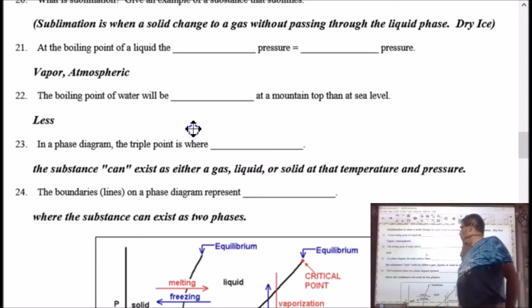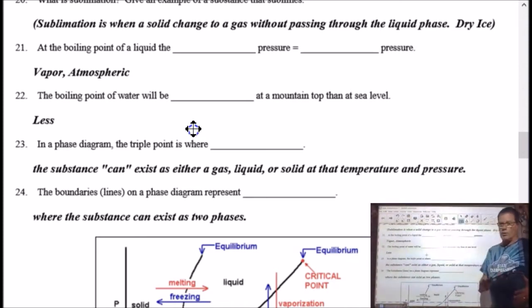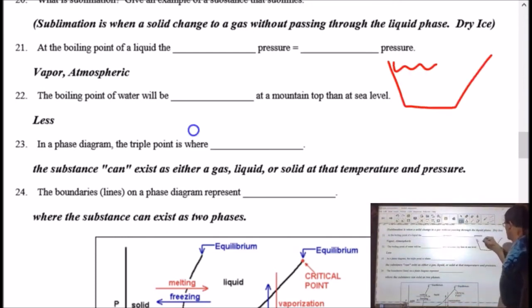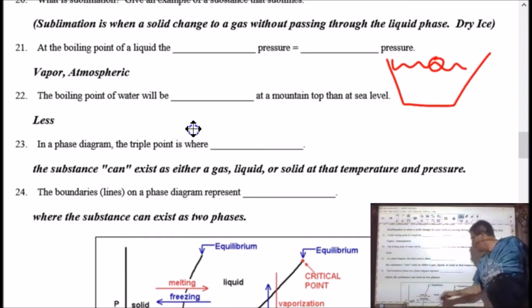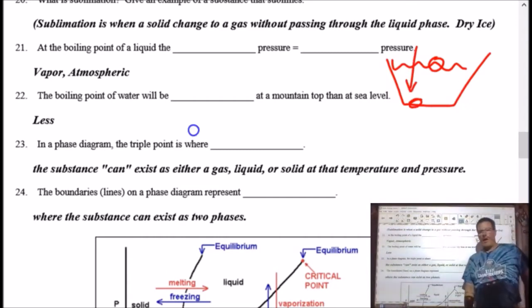22: the boiling point of water will be less at higher altitudes than at lower altitudes. Think of it like a swimming pool. The pressure at the top of the pool isn't as great as at the bottom of the pool, where you have all that water pushing down on you. Same thing with air. Air is attracted to the earth due to gravity as well.